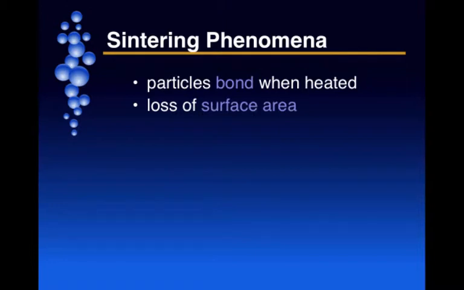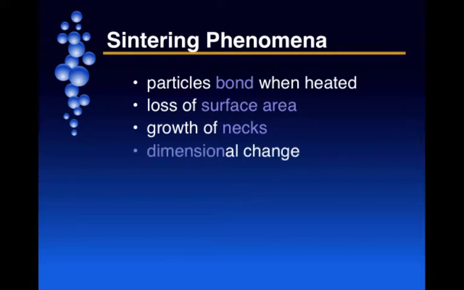The presence of these bonds allows a loss in the surface area of the particles. The bonds grow in regions called the necks, and it is accompanied by a dimensional change based on the bulk diffusion of atoms. Particle bonding results in property improvements.